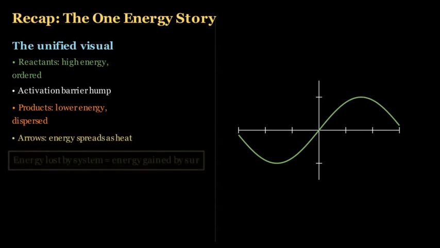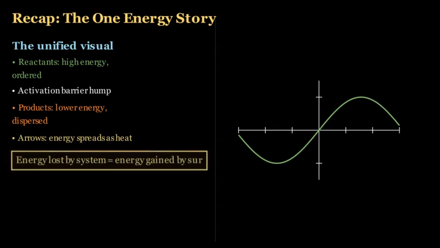Once they're pushed over that hump by a match, they slide down a steep slope to the right, ending as products at a much lower energy. Arrows show the energy difference dispersing into the surroundings as heat, never lost, only spread out. This single picture unites conservation, entropy, spontaneity, and activation into one story. Energy flows downhill, but it always needs a push to start.